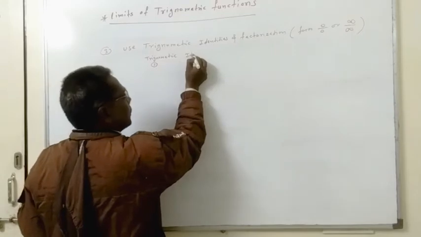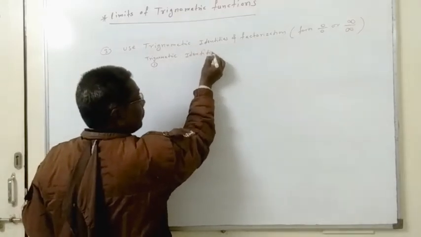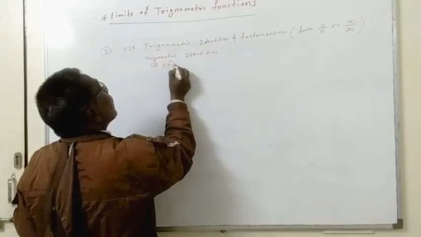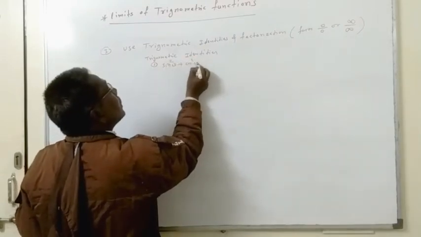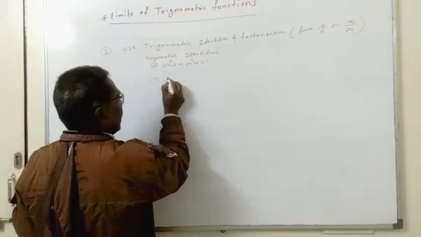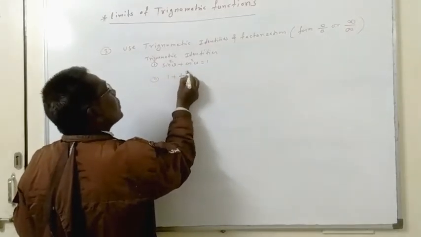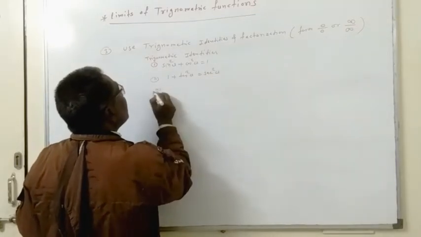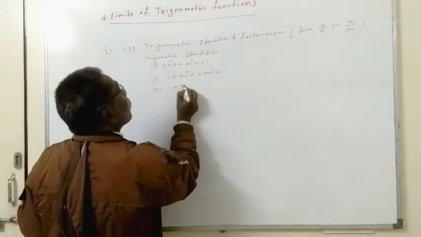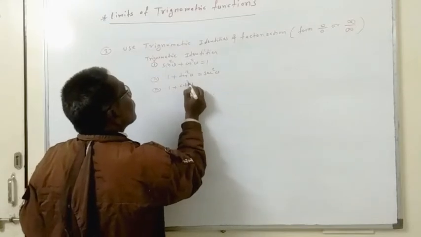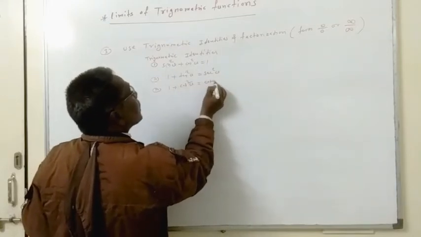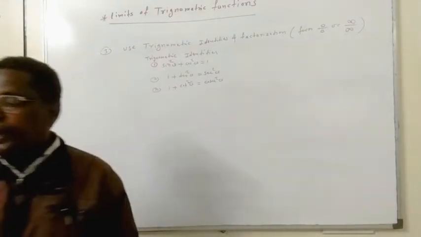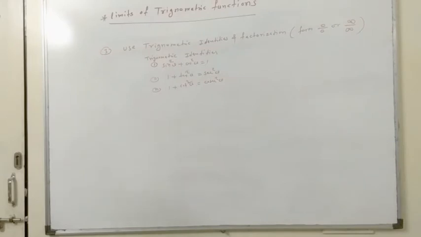First is sin square theta plus cos square theta is equal to 1. Second identity, 1 plus tan square theta is equal to sec square theta. Third identity, 1 plus cot square theta is equal to cosec square theta. By using these 3 identities and then factorization, we can solve the examples.